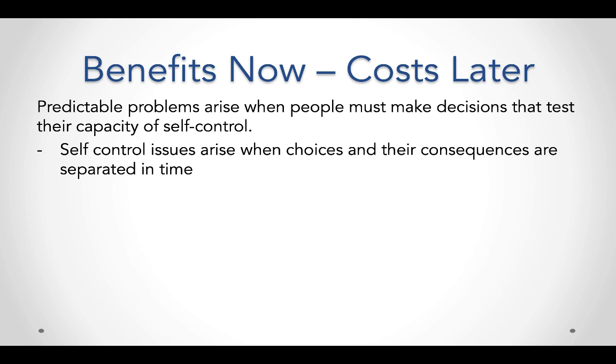So when we have benefits now, cost later, I have a hard time controlling myself, right? I want the ice cream and I don't see the cost. It's a small ice cream, and I think, why not? The benefits are there now, I can get instant gratification and I don't care about the cost.